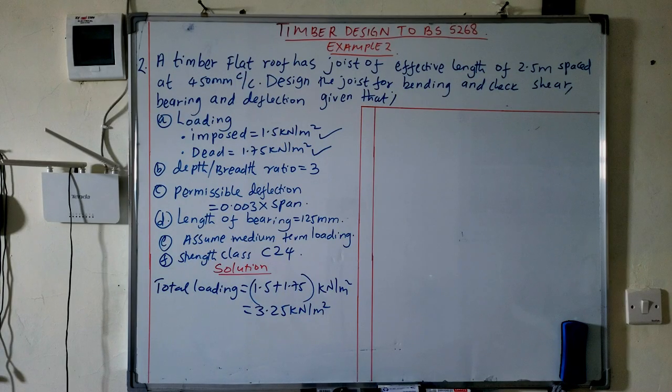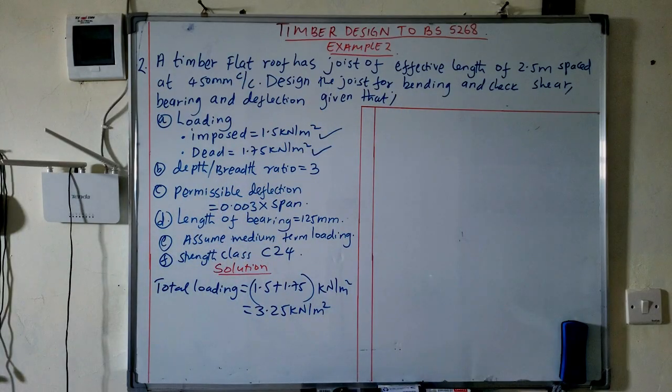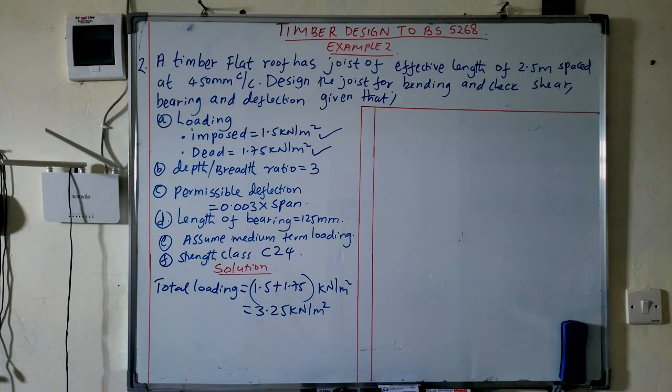So how are we going to do it? You have been told a joist. A joist is a horizontal member. Its length is 2.5 and it is spaced at 450 millimeter center to center.